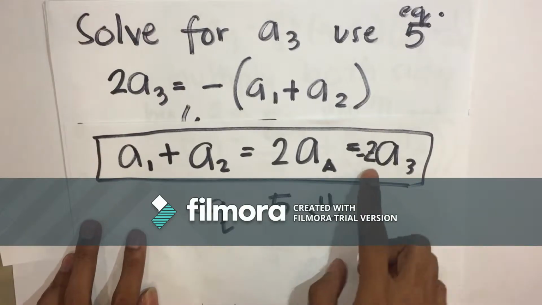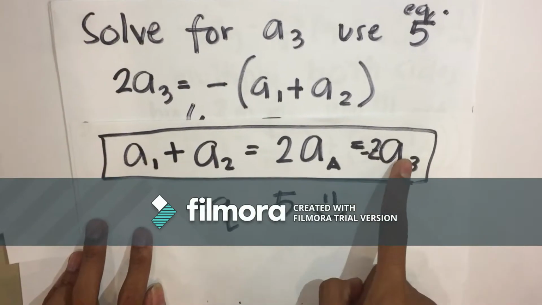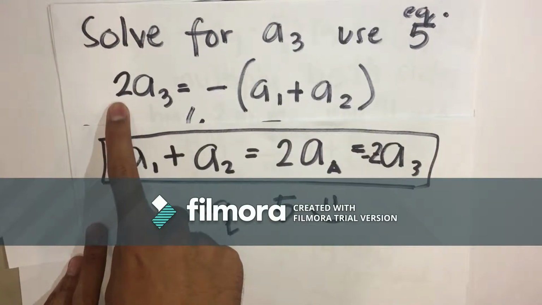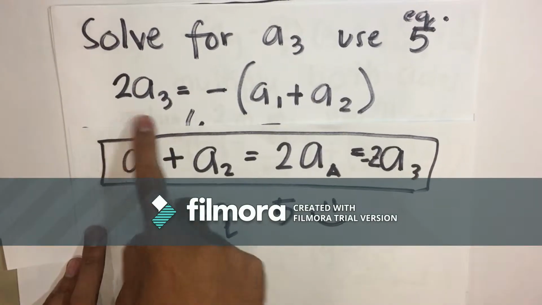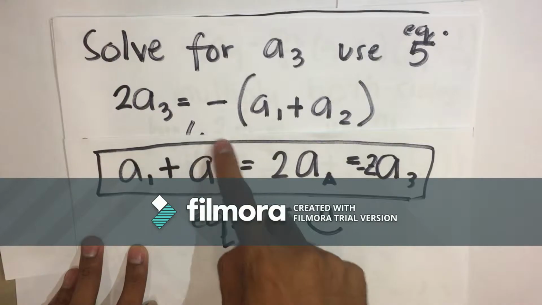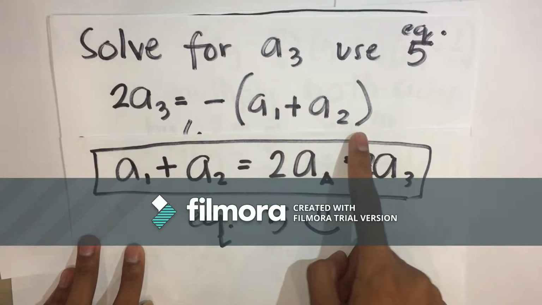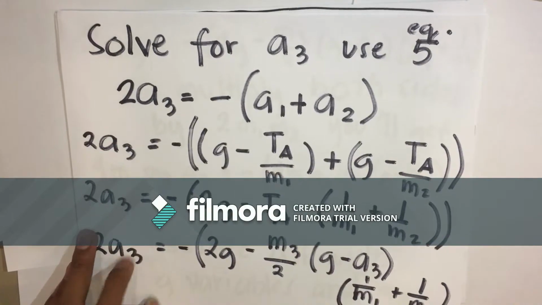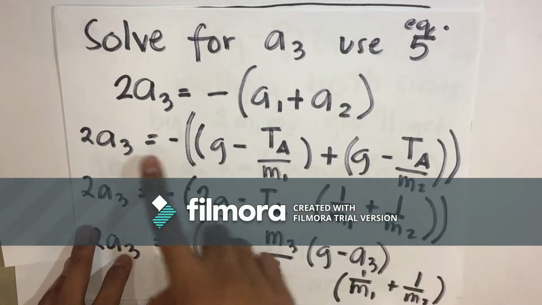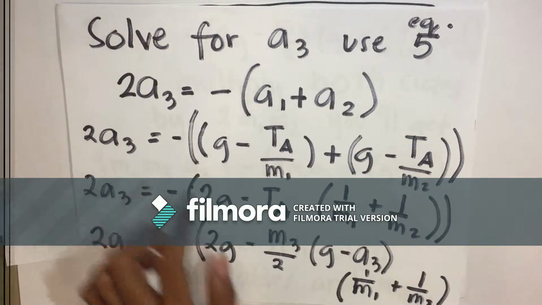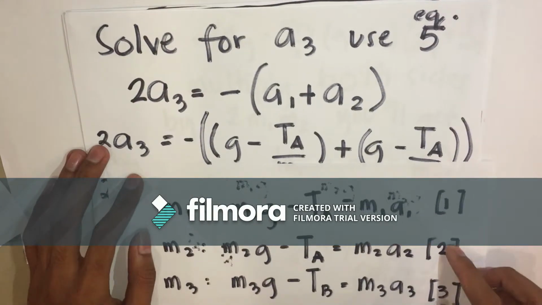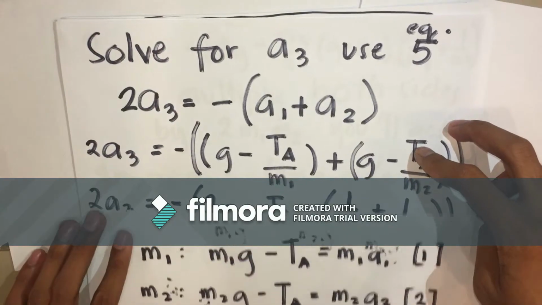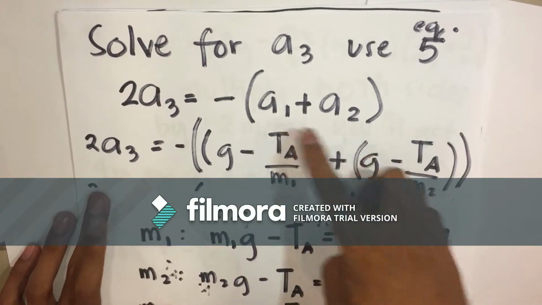So we will rearrange the equation. We put negative 2A3 on this side, which will make it positive, and this term going to this side, which will make it negative. Now inserting the equations from M1, M2, and M3.